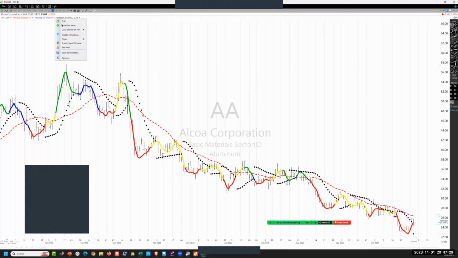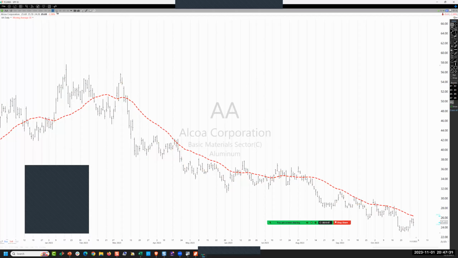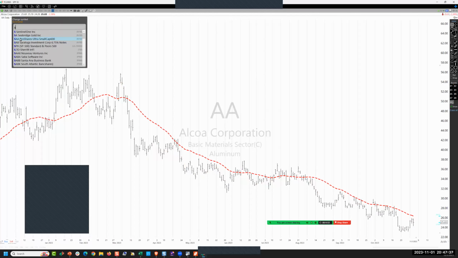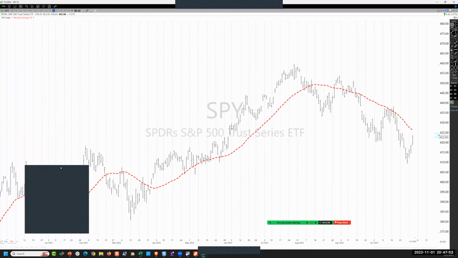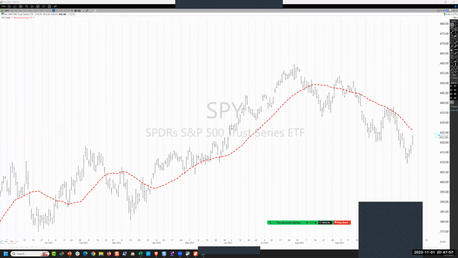and try this. Just go to daily charts on SPY, just for example. Let's see, SPY. And drop an RL30 on that.